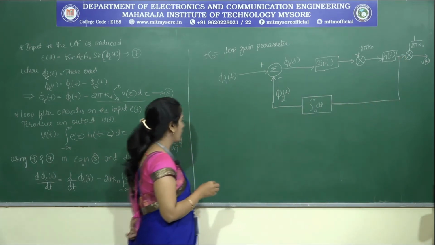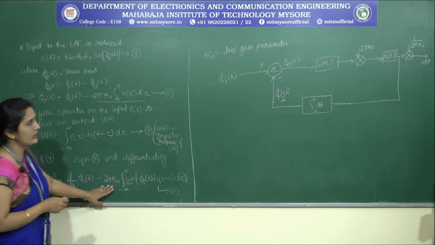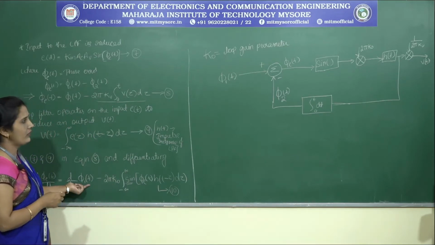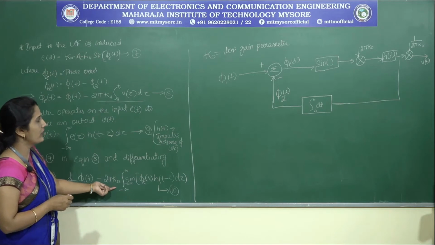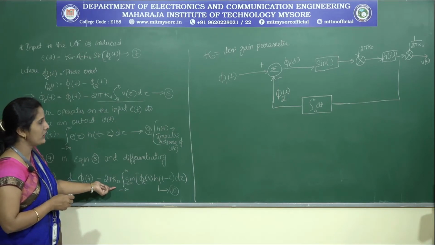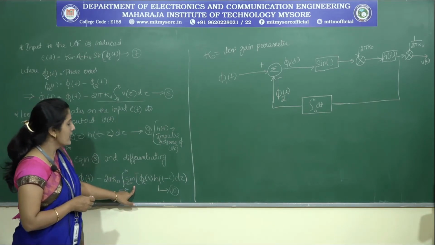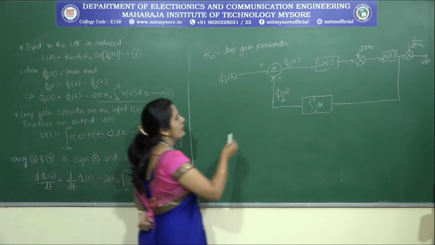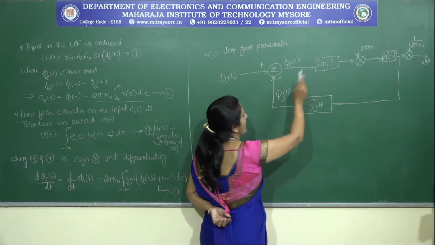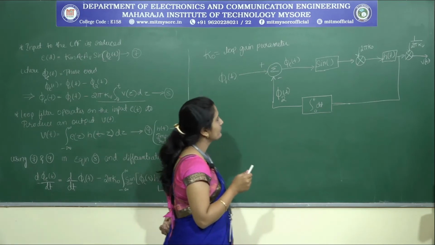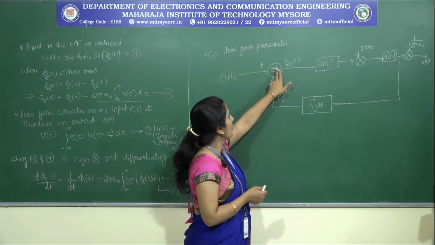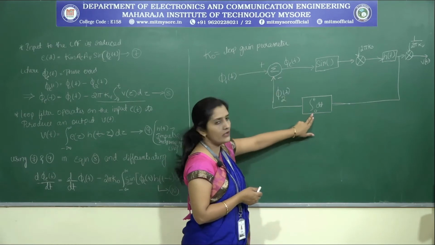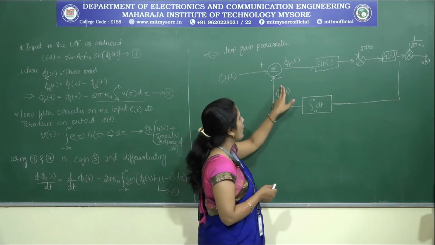This is how we are going to get it. We have mentioned all the terms across this. So phi 1 of t is our FM wave signal, and we are going to give the loop gain parameter here along with the sine term. Here you can see we are going to get the sine term, and phi E of t across the summation, and this is done at the voltage control oscillator.